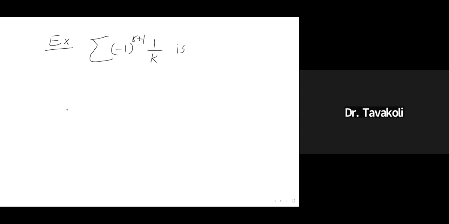So we know that sigma of -1 to the power of k plus 1 times 1 over k is convergent using the alternating series test, but by putting absolute value, that -1 to the power of k plus 1 disappears. We just have sigma of 1 over k, which is divergent. So therefore, this is conditionally convergent.